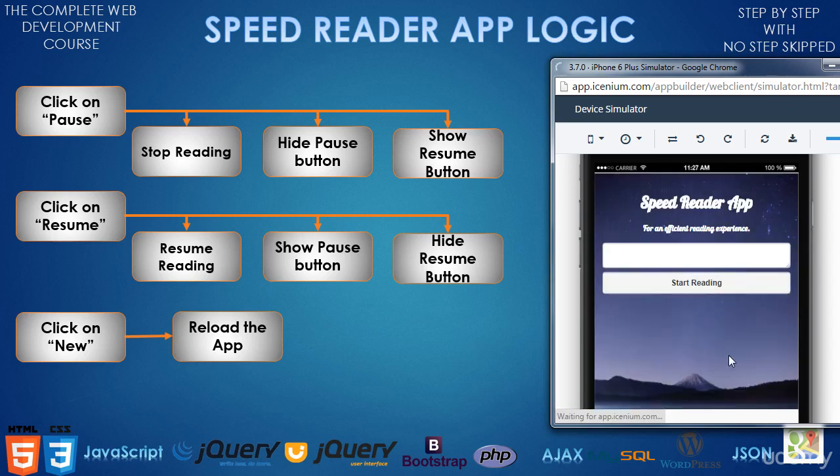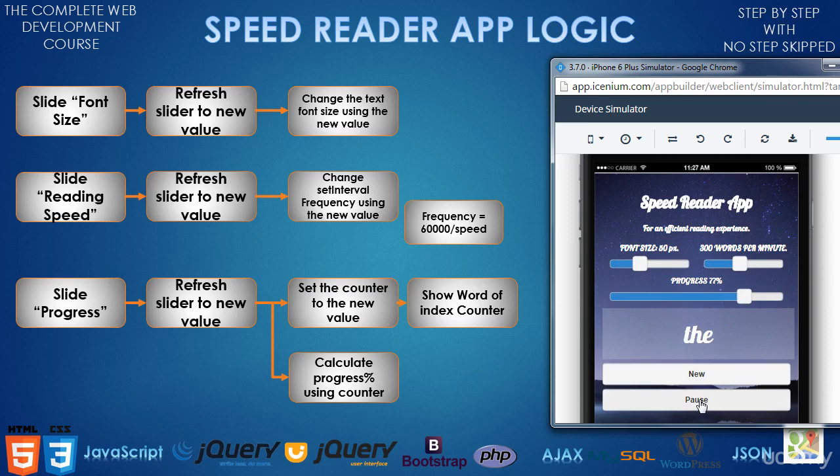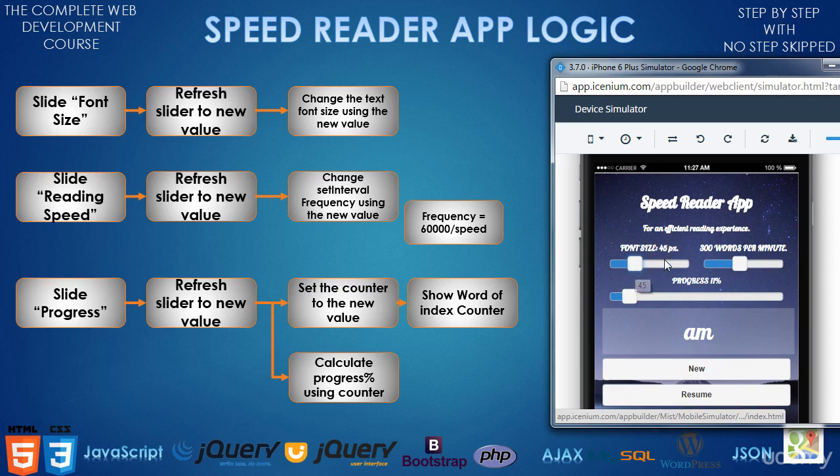Okay. Now let's move to the sliders. So if we look at the font size slider, if we slide the handle, first of all, in jQuery Mobile, if we slide any slider handle, to be able to change the value of the slider, we need to refresh that slider.